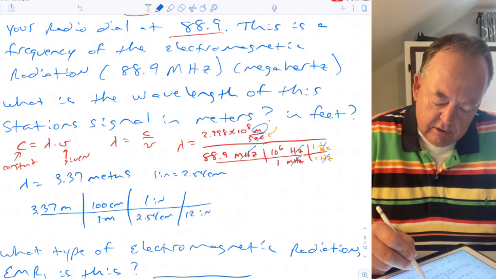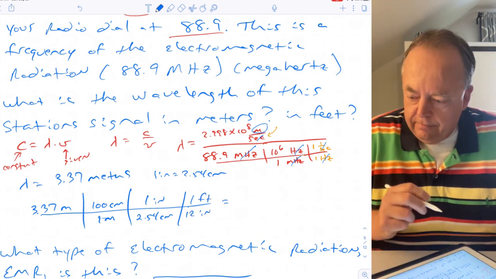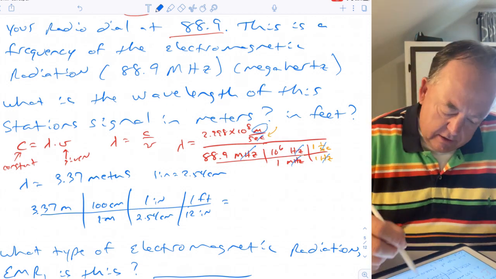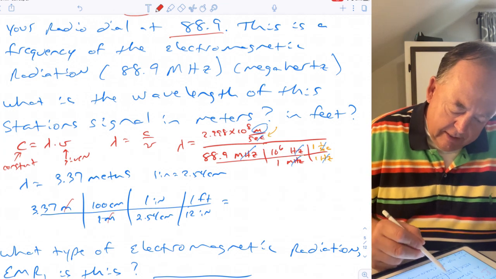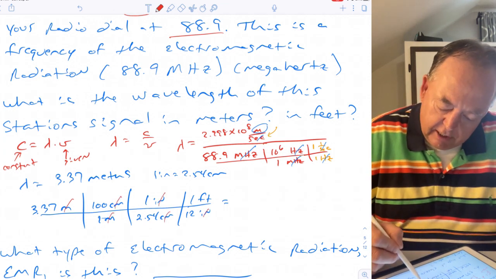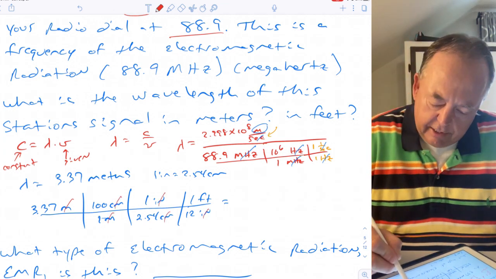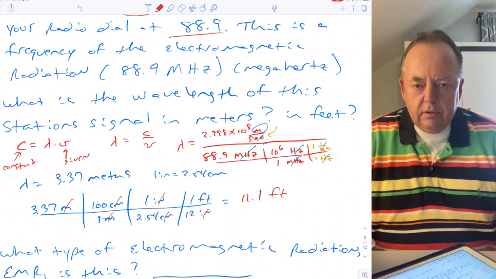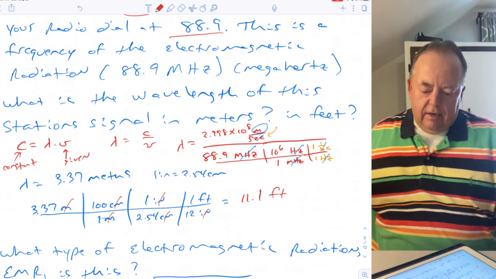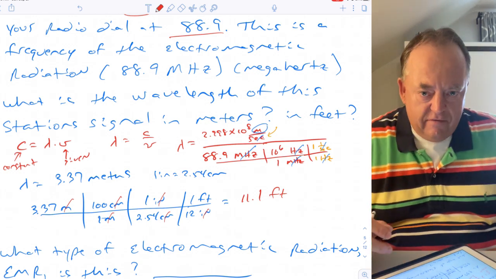There's 12 inches in 1 foot. So meters cancel, centimeters cancel, inches cancel, and you're left with feet. That would give you 11.1 feet, right? So that's an absolutely huge wavelength, but it's moving really, really fast.